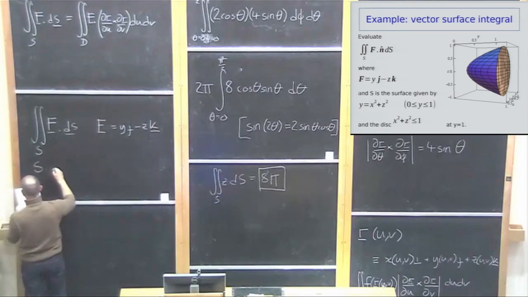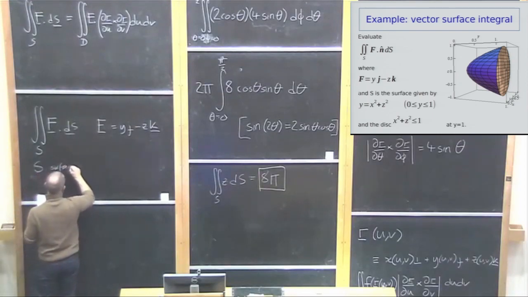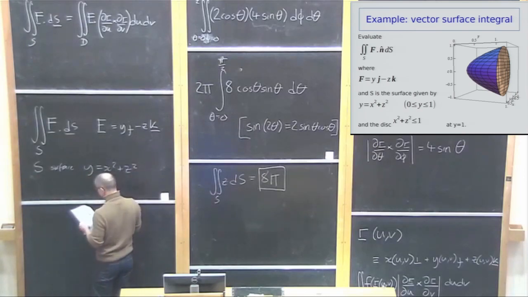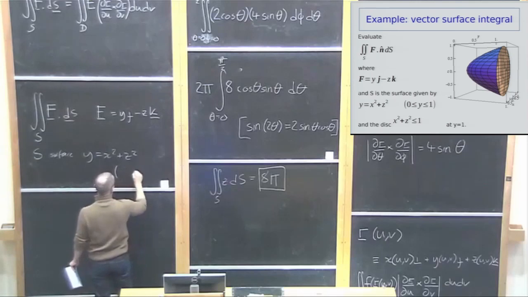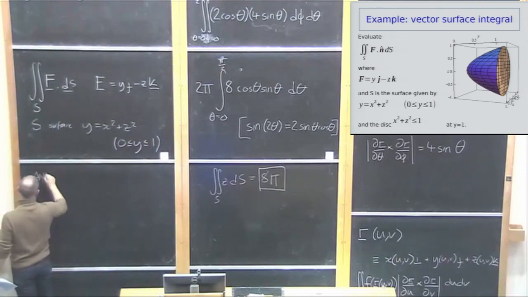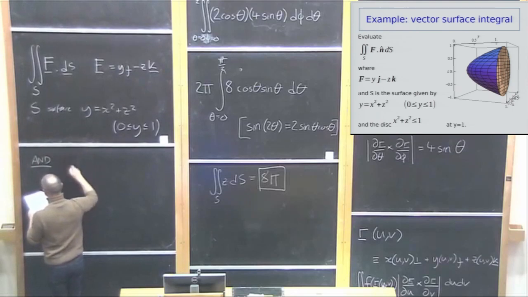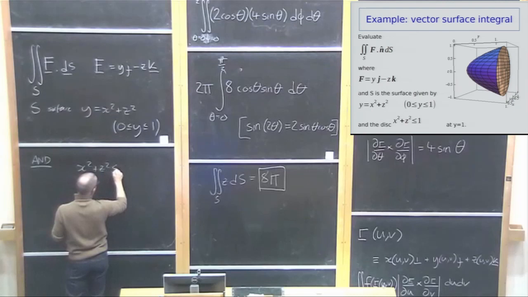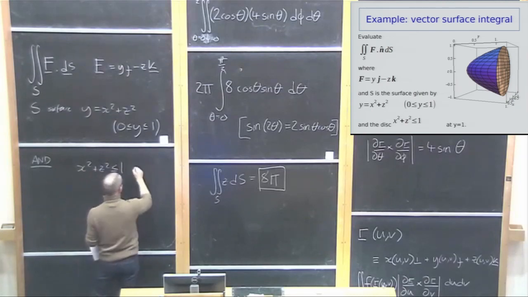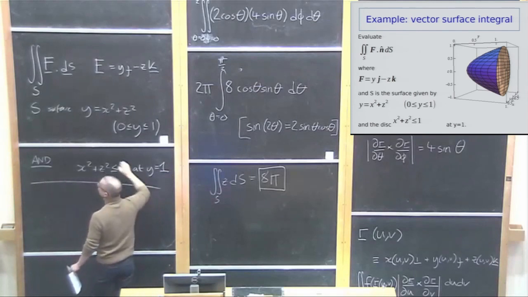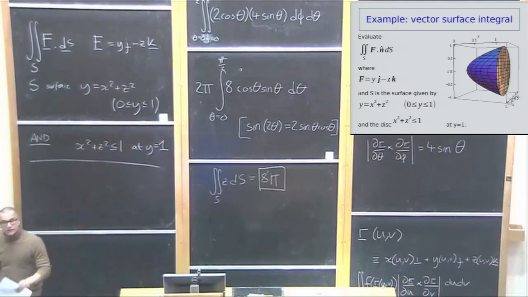And S is the surface given by y equals x squared plus z squared, for the range where y goes between 0 and 1, and a disk described by x squared plus z squared is less than or equal to 1 at y equals 1. So that's fairly typical of the kind of description which you might get in a question, okay?